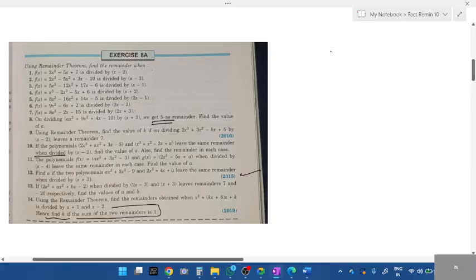Concentrate, students. Look, for factor and remainder theorem, f of x, a dividend, will be divided by a divisor, which would be given.